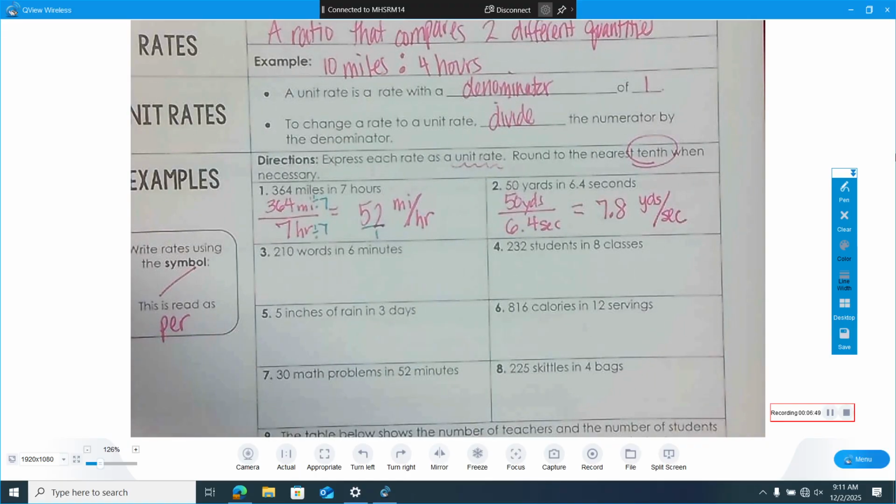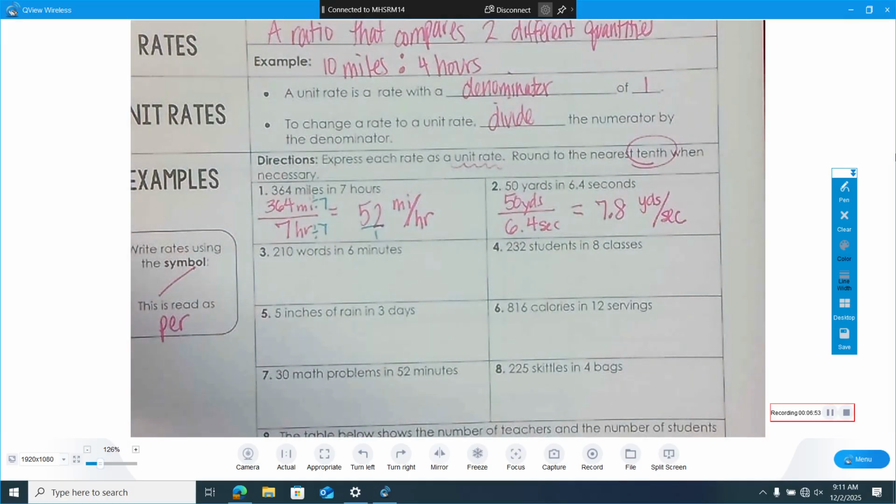All right. Ladies and gentlemen, will you continue on with 3 through 8? Let's go, 3 through 8. You can do it.